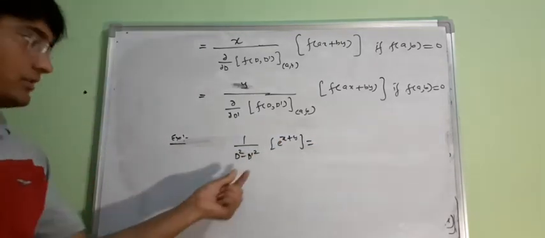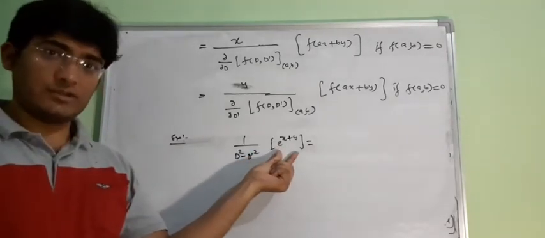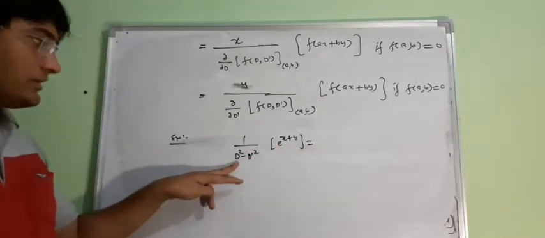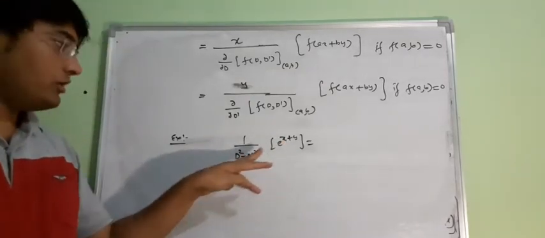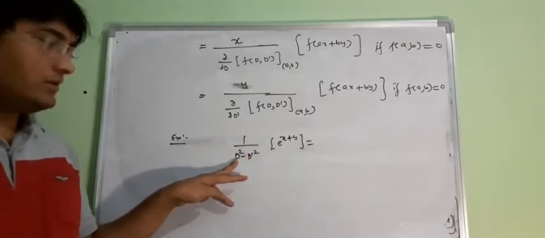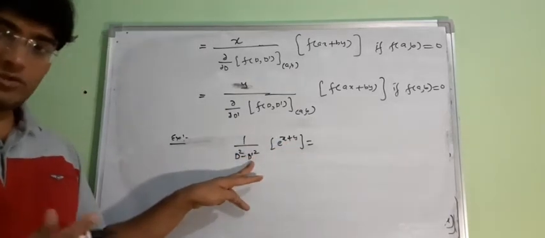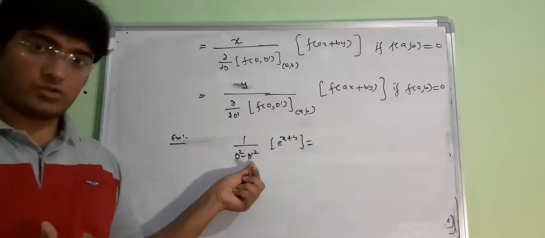So you can see that in the bracket we have some function of e^(x + y). So we will replace our D by a and D' by b. So here your a is 1. So we will replace our D by 1, D' by 1. So you can see that this is 1 minus 1, which is 0.